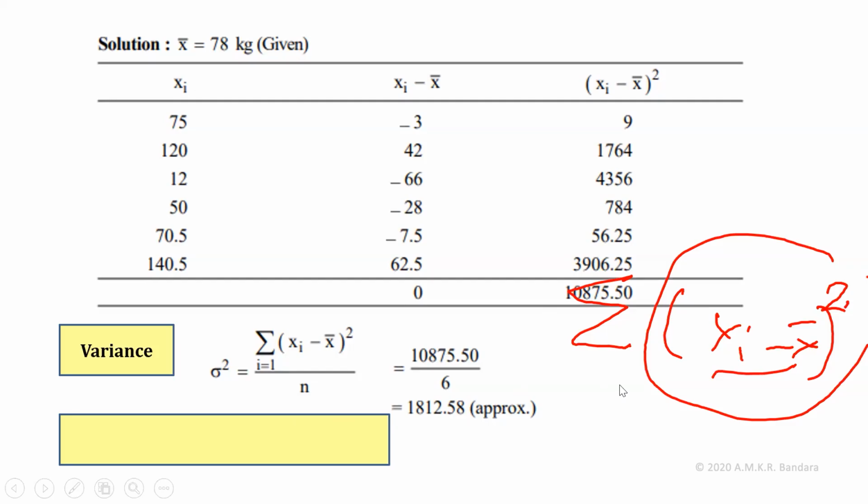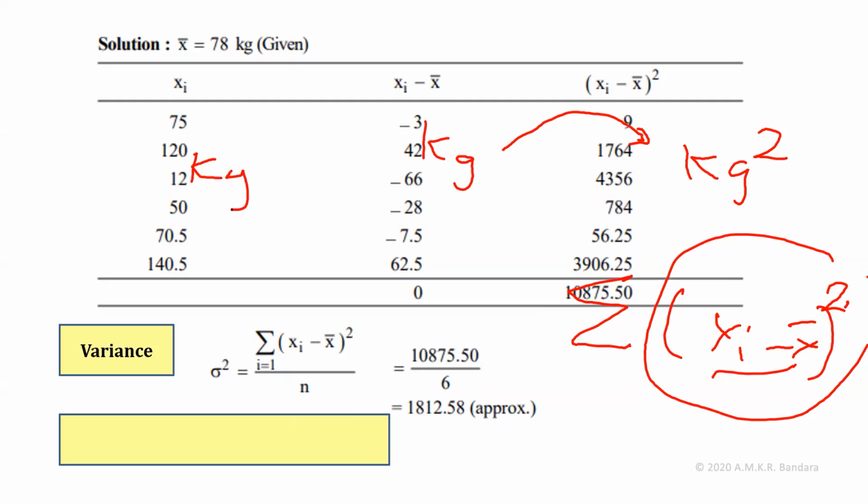You can see here we have measured this variable in kilograms. So this deviation is also in kilograms. And when it is squared, what will happen? It will become kilogram square. The original measure is in kilogram.